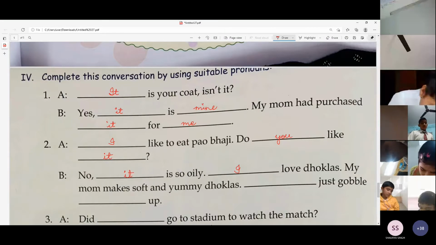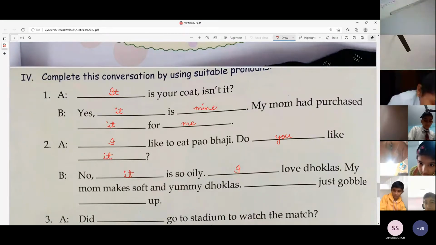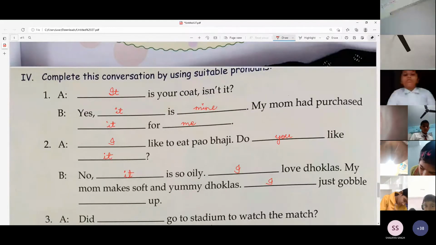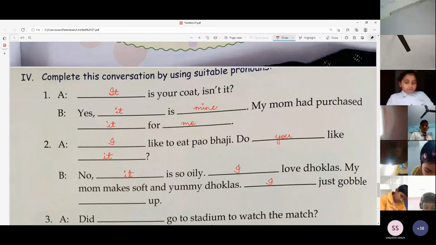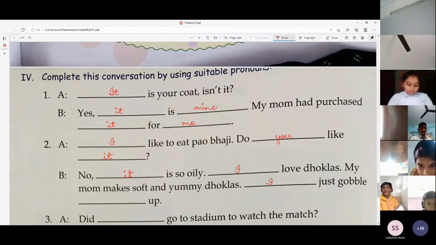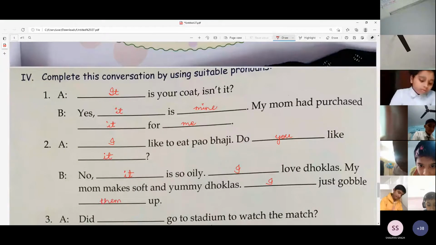What will come? I just gobble... जो क्लास था ना, तो it कैसे होगा? Them. I just gobble them up.